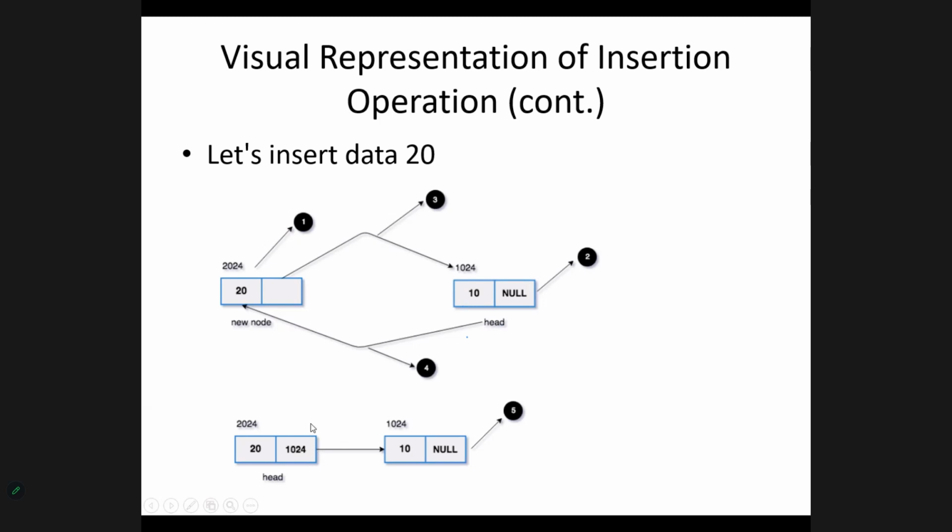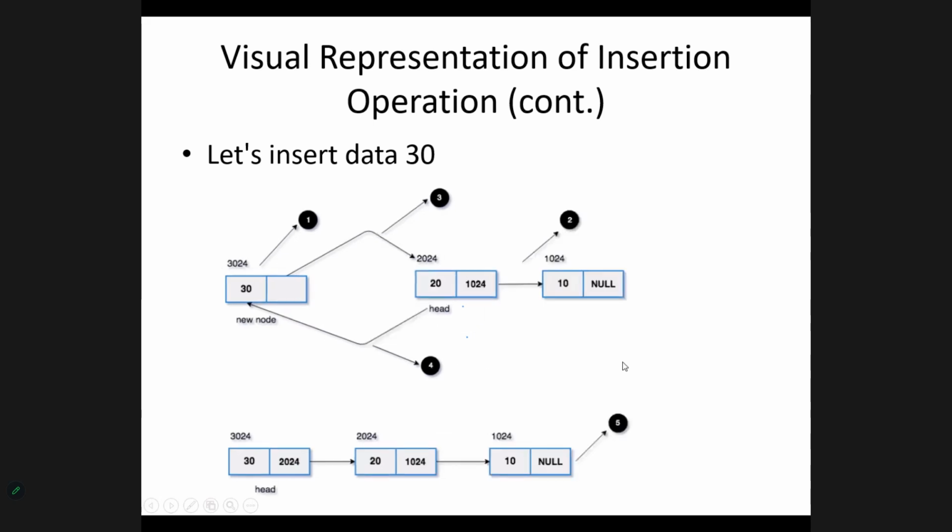Now insert 20. This is already there, and the new node's next becomes 10. Like this, and now insert 30. Now all three items are inserted and this data structure is created.